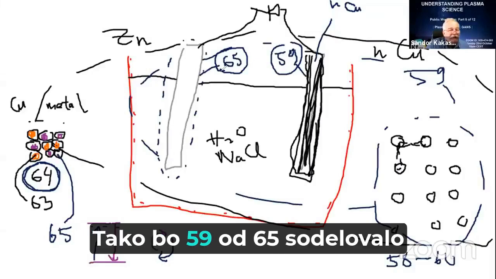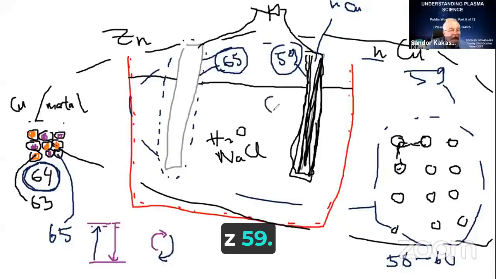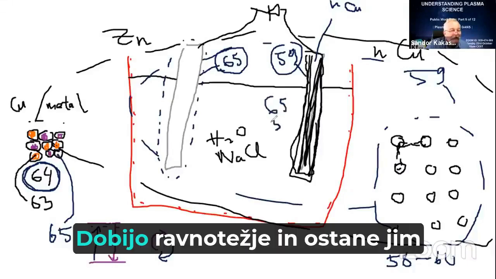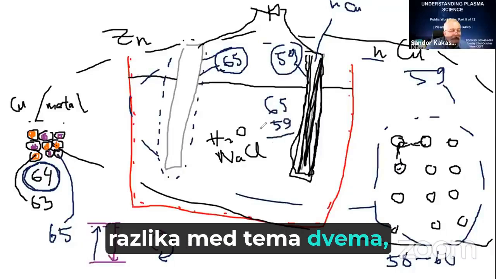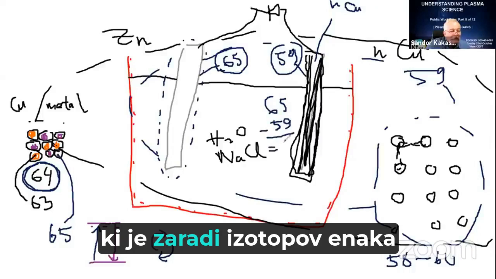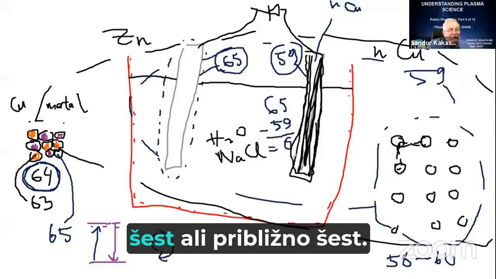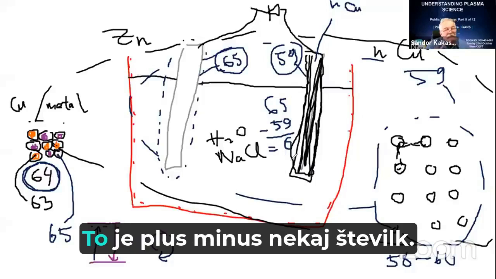So 59 will interact with 59 out of 65. They'll get in a balance, and there will be left a difference of these two, which is equal to 6, or around 6 because of the isotopes. It's a plus or minus of some numbers.